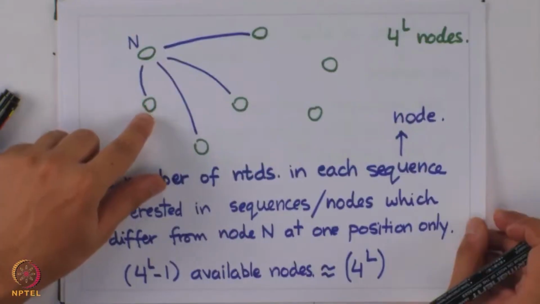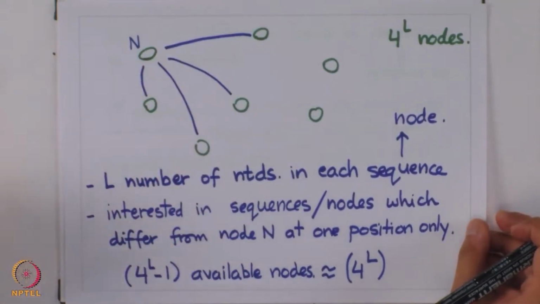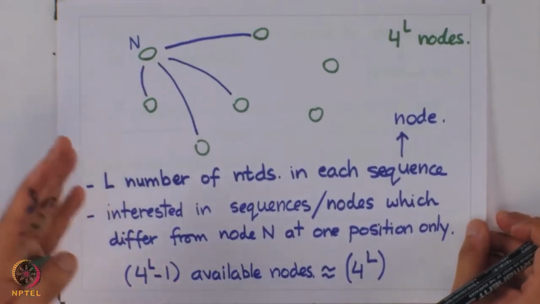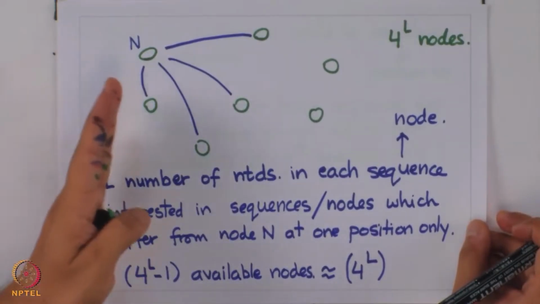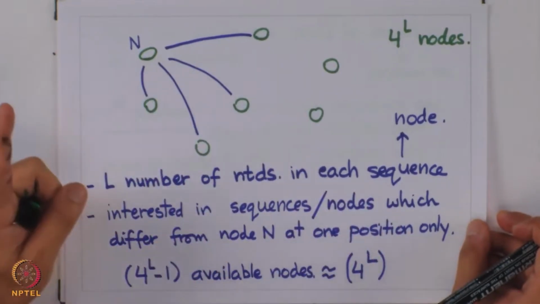So, the difference between this node and this node is one nucleotide position. But that one difference could be anywhere. That could be at position 1, that could be at position 2, going all the way up to position L, but it could only be at one position only.